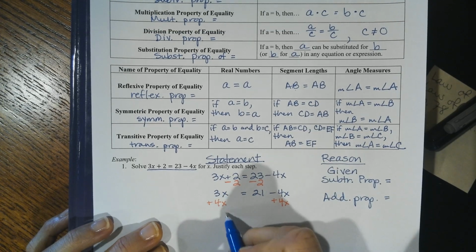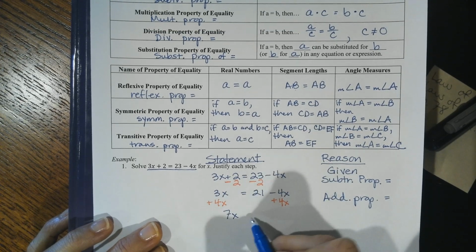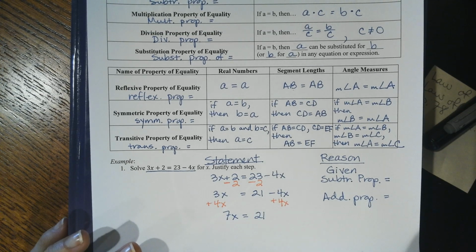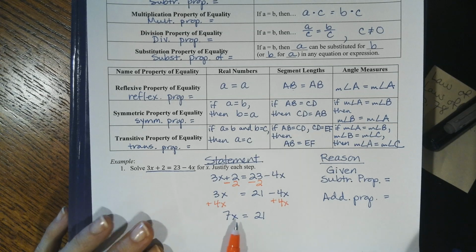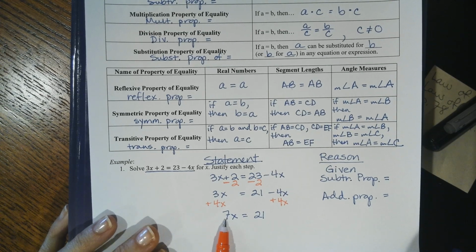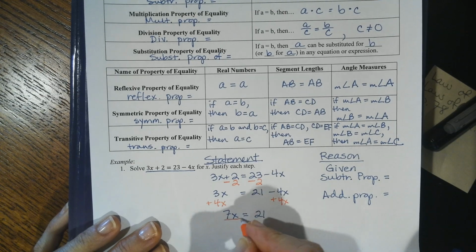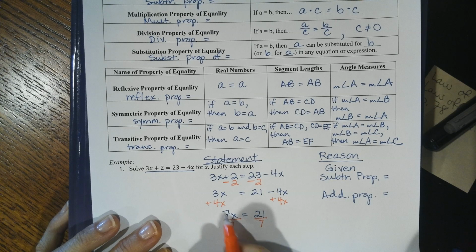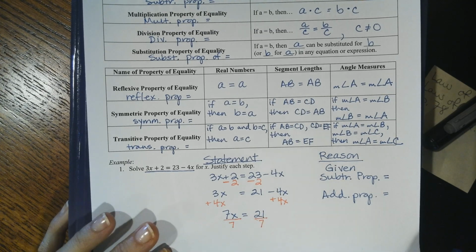And now on this side, I have 7x, and over here, I have 21. So I still want to get x alone. I see that x is multiplied times 7. So I want to undo that multiplication, which means the opposite of multiplication is division. So I'm going to divide both sides by that multiplication.